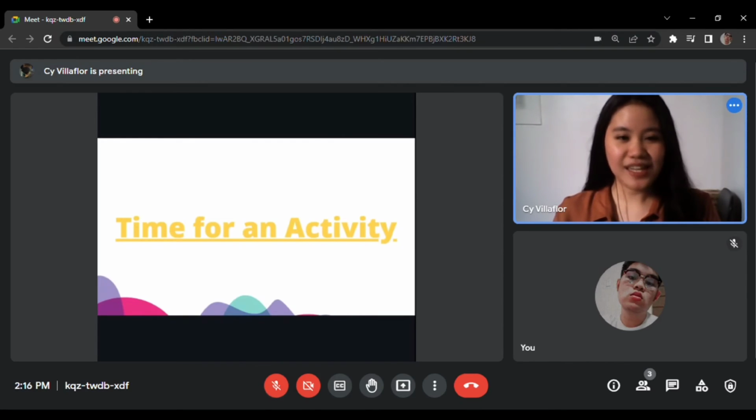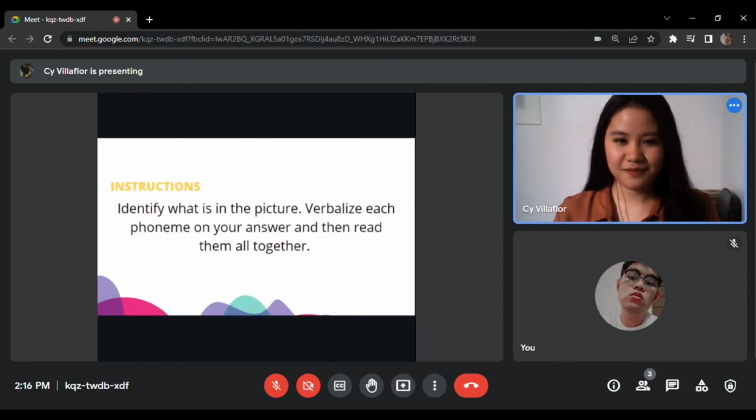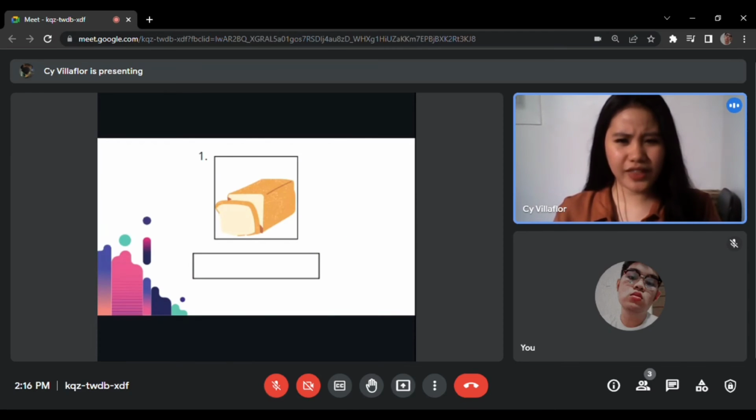It is now time for an activity. Identify what is in the picture. Verbalize each phoneme in your answer and then read them all together. What do you think is the picture in number 1? Amazing!